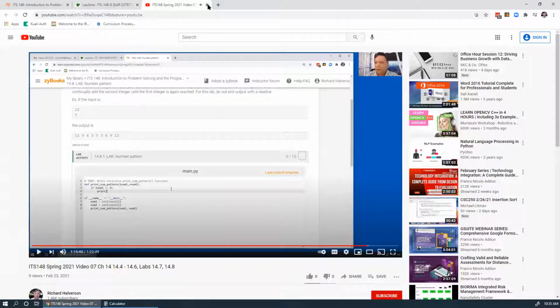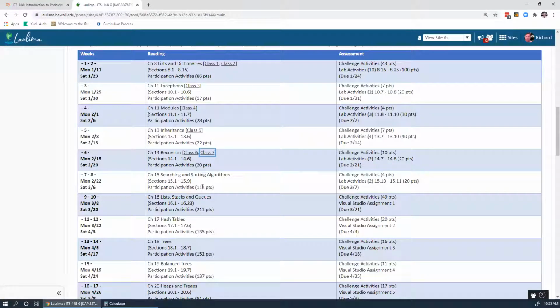All right, so this week we're going to start chapter 15, and I think it's a really important chapter because we start talking about analyzing the computational complexity of the algorithms. It's a fancy multi-syllable term, but basically it's how computer scientists decide if a particular algorithm is better than another algorithm.